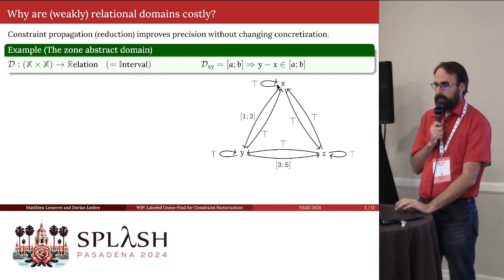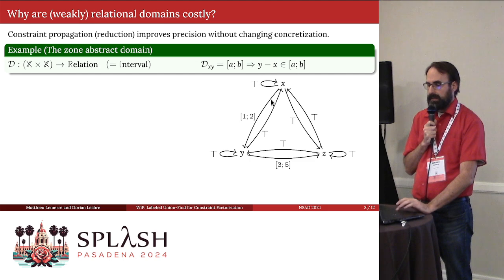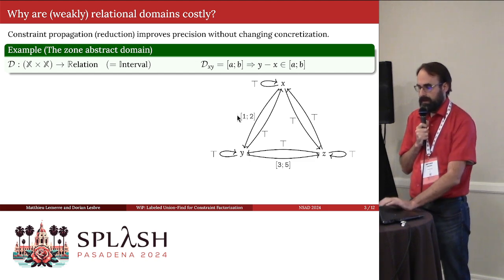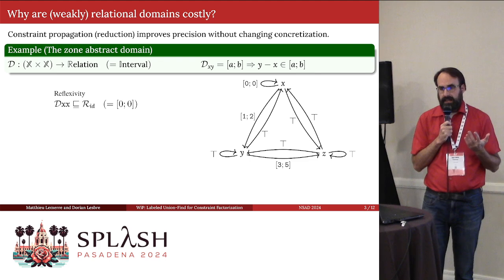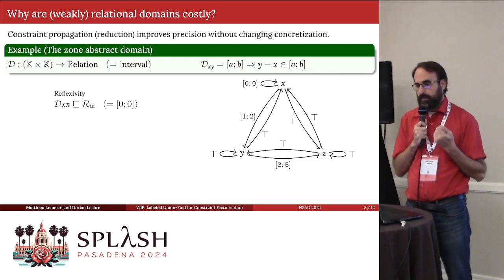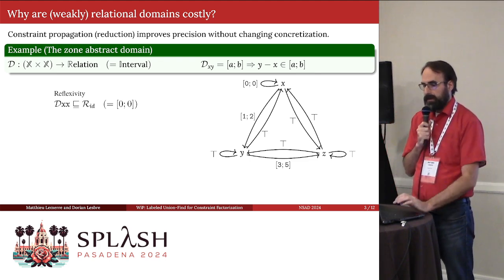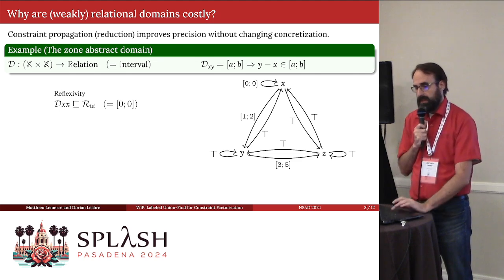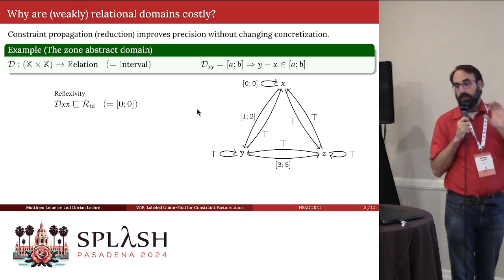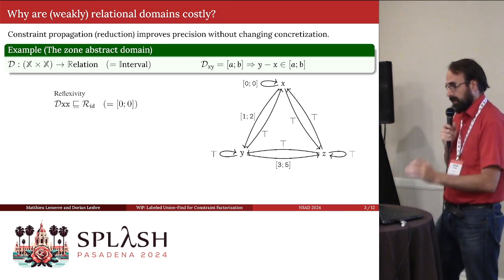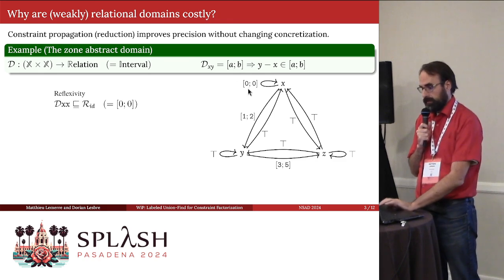So for instance, this represents that between x and y, you have the interval 1 or 2. So what kind of constraint propagation can you apply? The first is to apply reflexive closure. So you know that the relation between x and x is always 0. So you can refine your abstraction thanks to this knowledge.